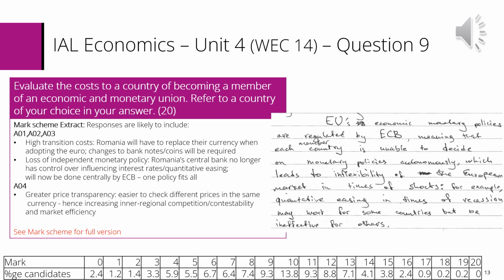A good technique in class might be that students could be talked through why this is a good sample of a response in achieving higher levels, and then you give them another cost to the country and they then try and practice skills using this particular sample as a template. Remember, they need to be reminded that when they're writing their developed chains of reasoning, they need to ensure there's sufficient context from their country of choice here.